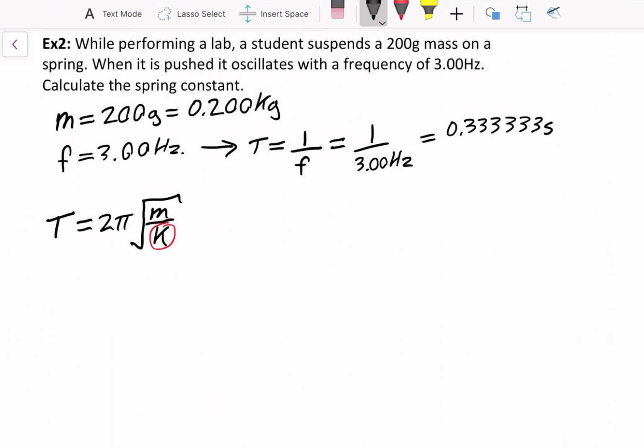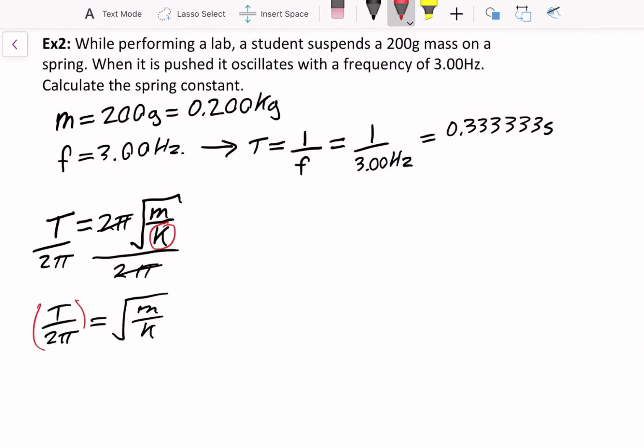This can be a little bit tricky just because it is inside the square root, but if we're careful, we should have no trouble. So first thing I'm going to do here, I will divide both sides by 2 pi, cancel those out. We have T over 2 pi is equal to the square root of m over k.